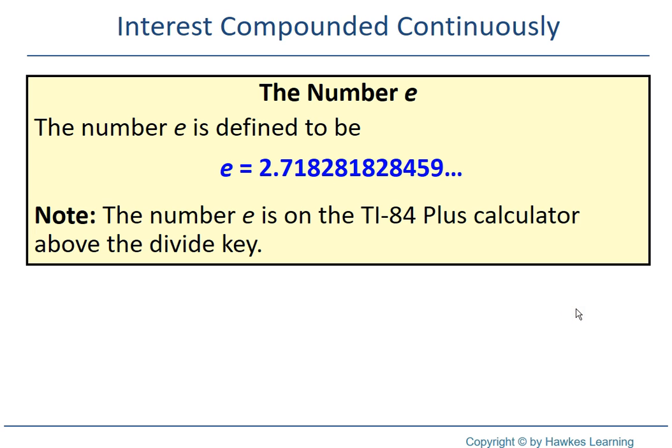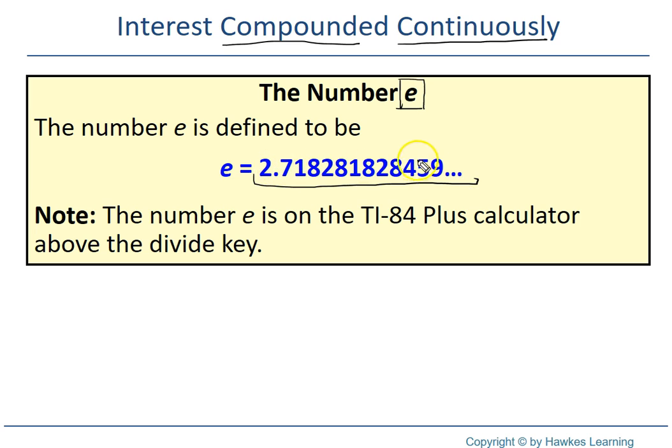All right, now another major kind of interest that we run into in banks is that we say it's compounded continuously. Compounded continuously. So write this down. And they're introducing one of the numbers here, which is an irrational number, and it's called E. Now, E is defined as an irrational number.